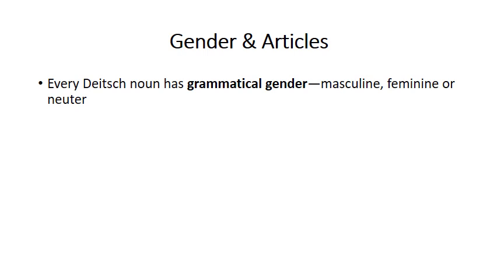That means the gender of the word doesn't depend upon whether it's actually masculine or feminine, whether it's capable of reproduction. There's no connection between those things. The gender is just a traditional way of referring to the way that word behaves. So every Dutch noun has grammatical gender, and those genders are masculine, feminine, or neuter.